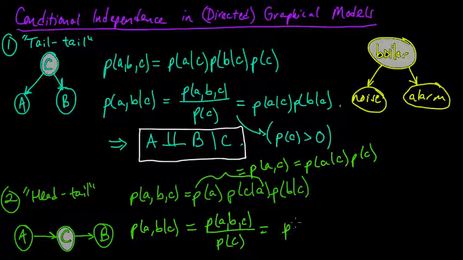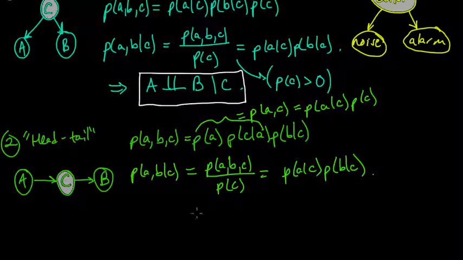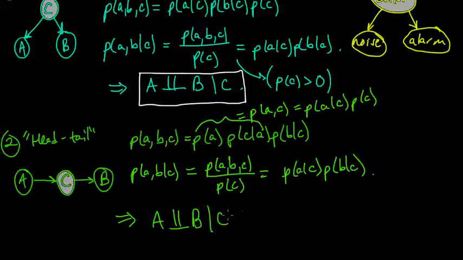We would get the probability of A given C and the probability of B given C. And so once again, just like in case 1, A and B are conditionally independent given C.